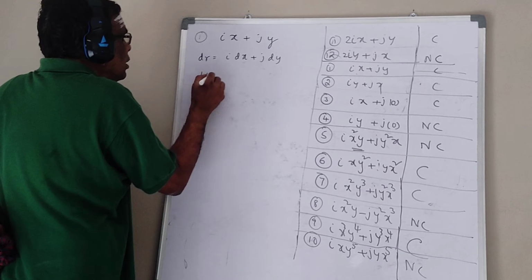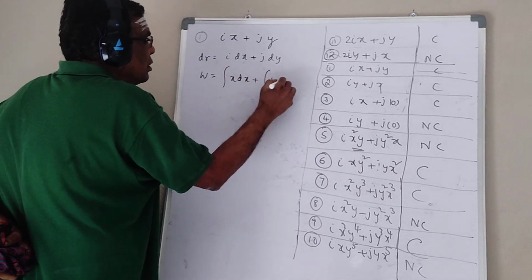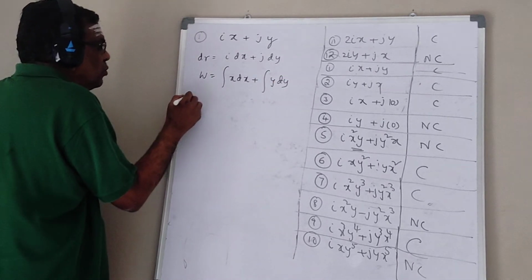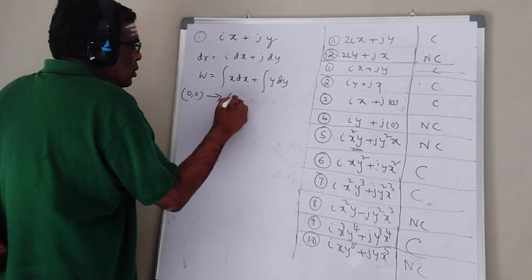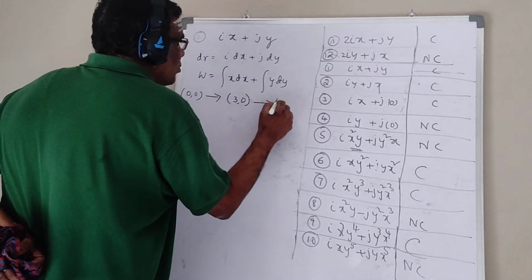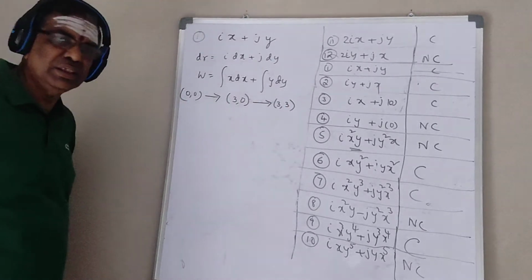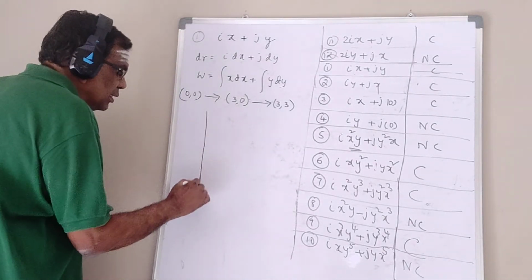Integral of x dx + y dy, this is what we got. Now, I want you to go from (0, 0) to (3, 0) to (3, 3). This is the path I have given. I am just showing it here.